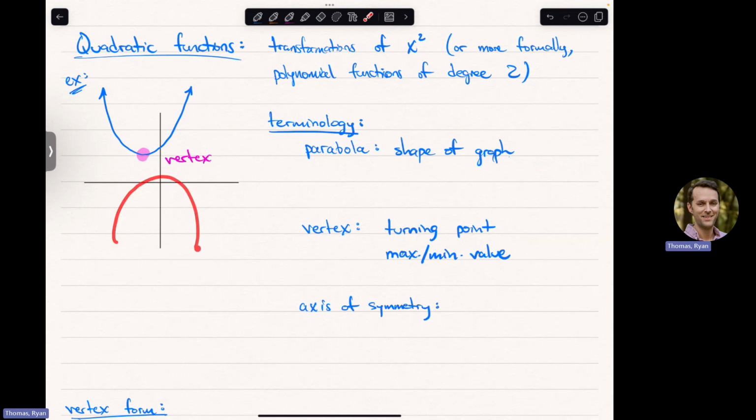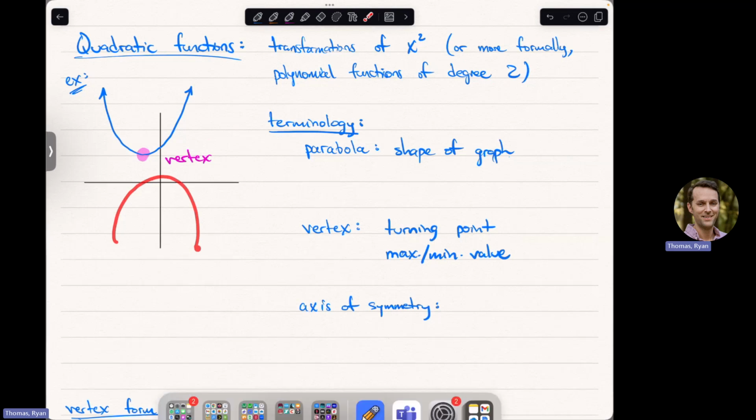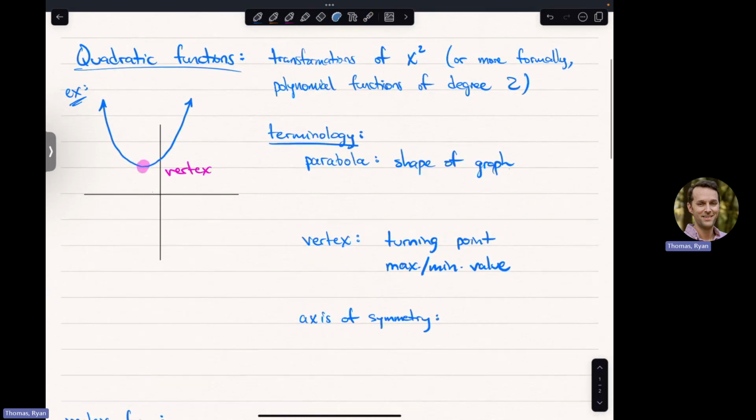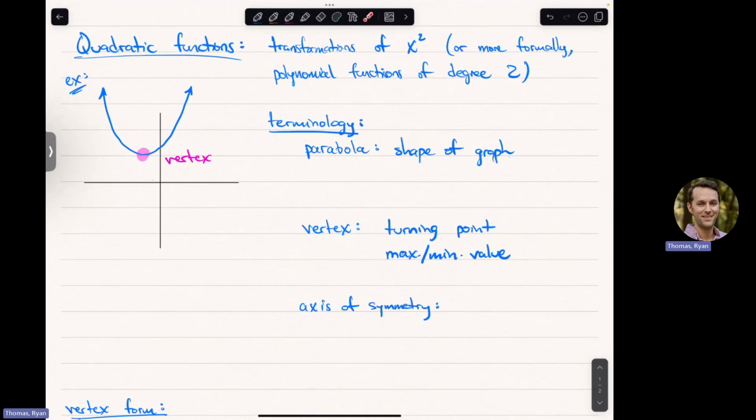Okay, sorry, things froze on me for a second there. It's opening downward. This might be a maximum, I don't know, profit or something along those lines. So that's going to come up in a lot of applications anyway.